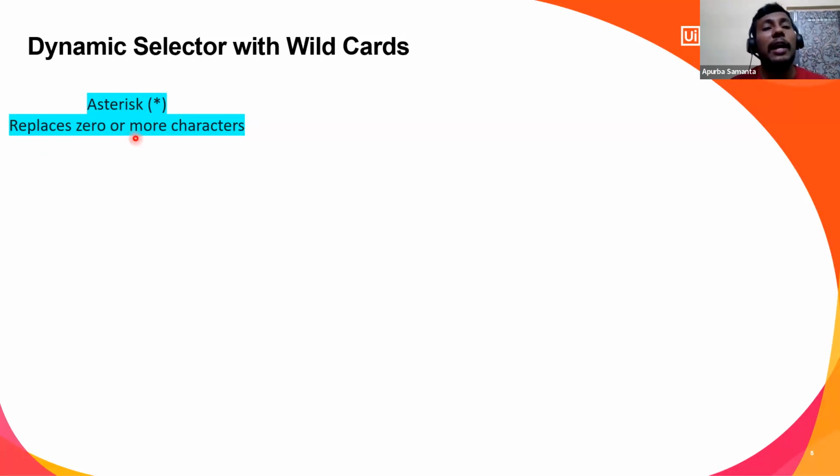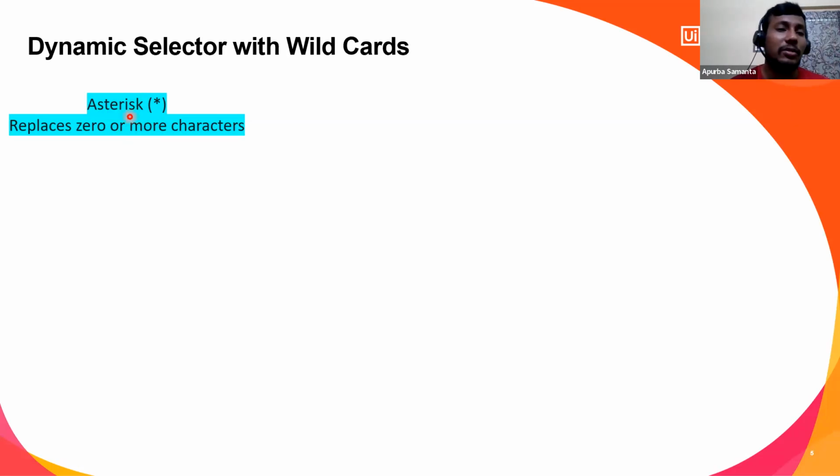And if there are multiple characters, 1 2 3 4, n number of characters, the asterisk will replace them. It will catch more than 1 character, or again catch 0 characters as well. Got the asterisk part?